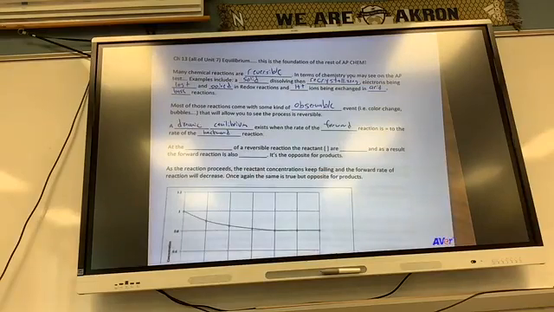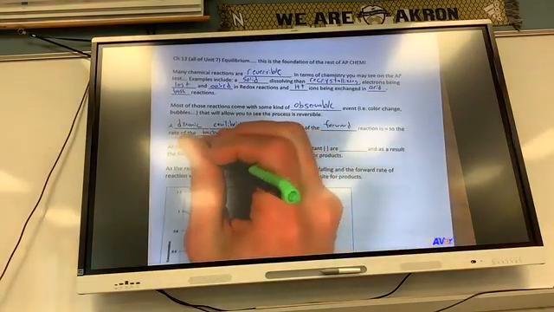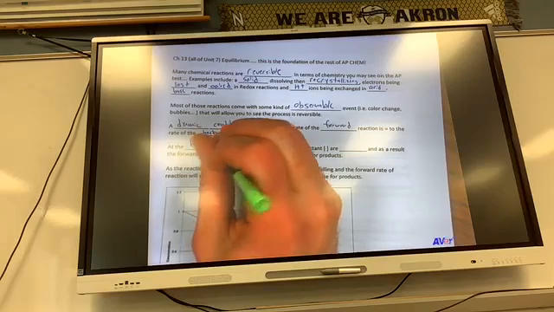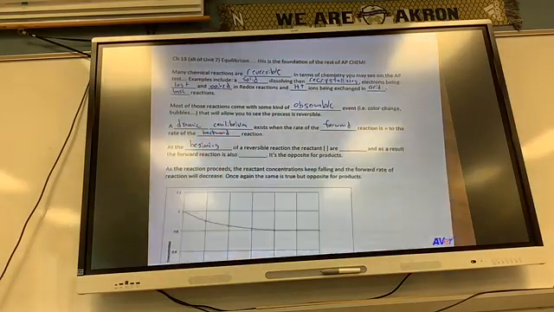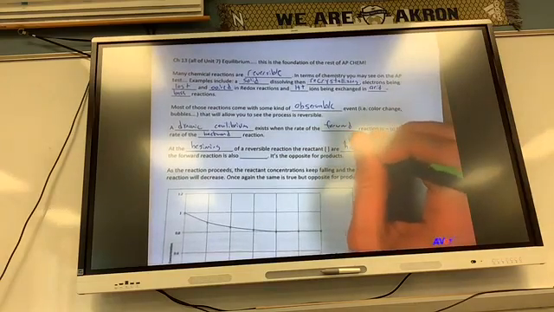At the beginning of a reversible reaction, the reactant concentrations are going to be high, because they're my reactants.